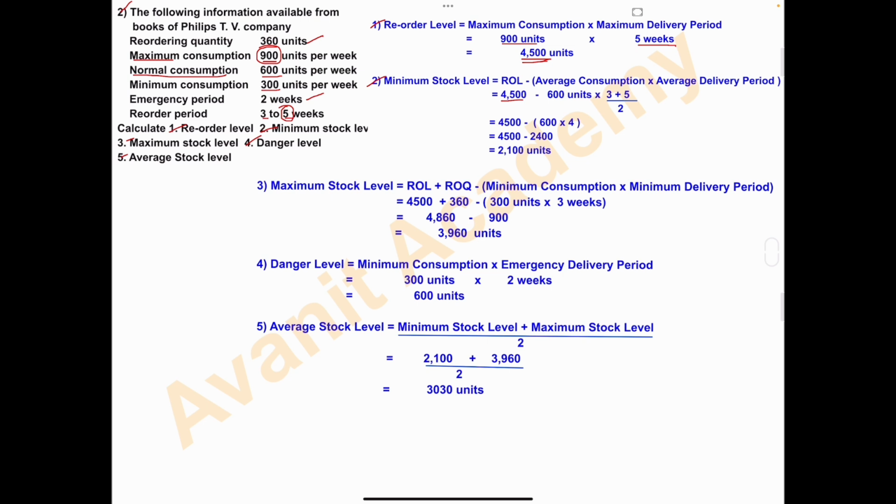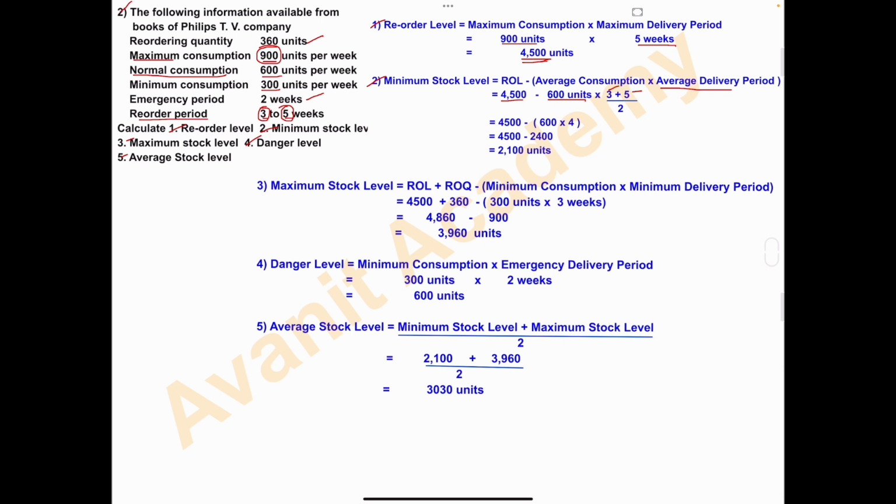Average consumption is 600 units into average delivery period. Average delivery period is not mentioned in the problem. We have to calculate. How will you calculate average delivery period? Minimum delivery period plus maximum delivery period divided by 2. Minimum is 3 and maximum is 5. 3 plus 5 divided by 2.